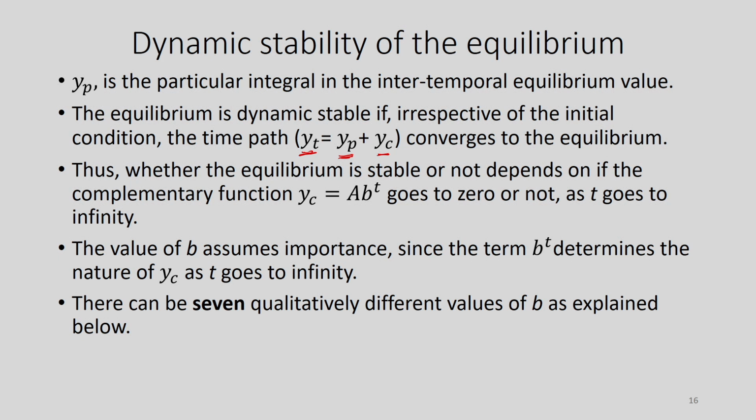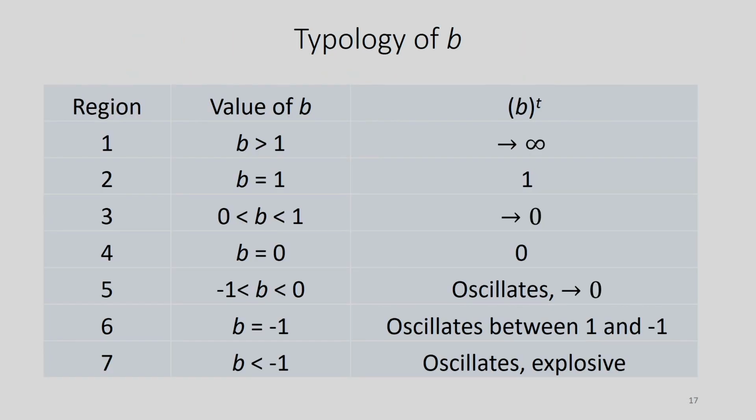This is very simple. Now, what happens to y c as t goes on increasing? In general, it can go all the way up to infinity. If t goes to infinity, then what happens to y c? Well, here there are different cases that can come up, and in general there are 7 possible regions or cases, and these are enumerated here.